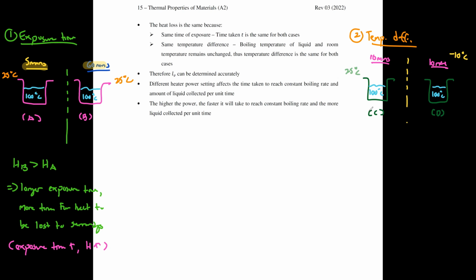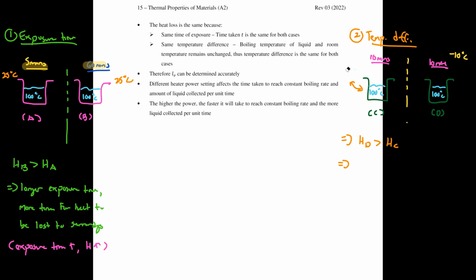Okay, so now, with this in mind, which one will tend to have a larger heat loss? You can probably say that heat loss from D would be more than heat loss from C. Because if you look at the temperature difference, this one is 75 degrees Celsius.